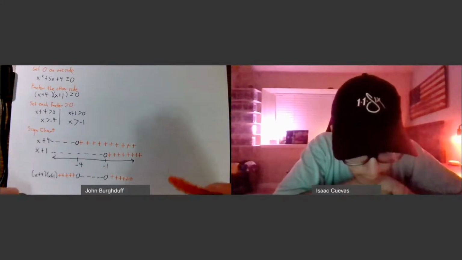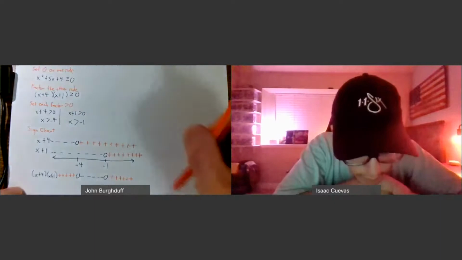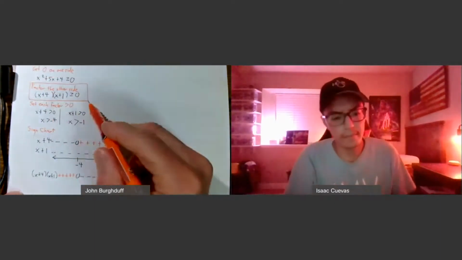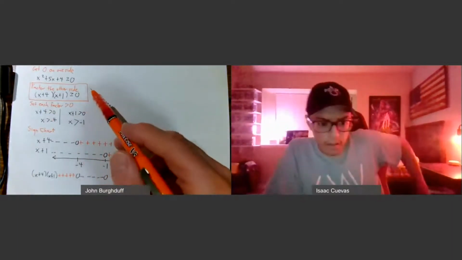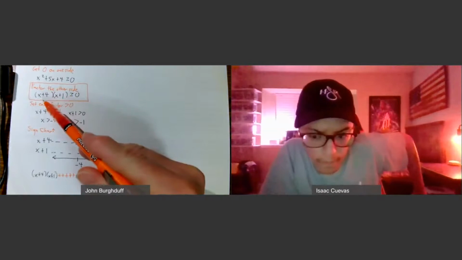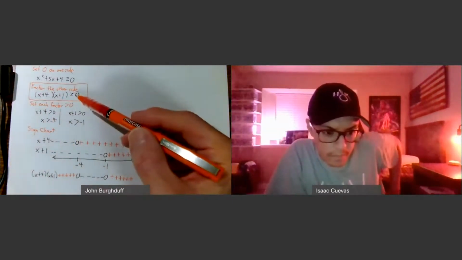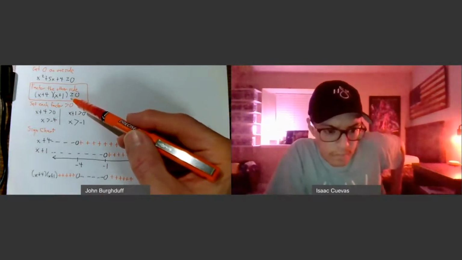Now what you do is you look back at the inequality where it was all together, where you had both factors involved, and you interpret what this means. So what you wanted is for the product of the two factors to either be greater than 0, which is positive, or equal to 0, which is 0.